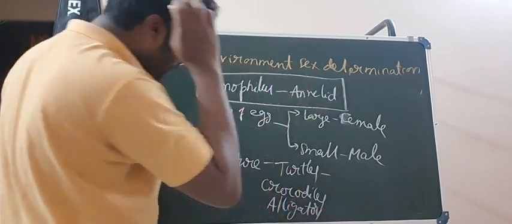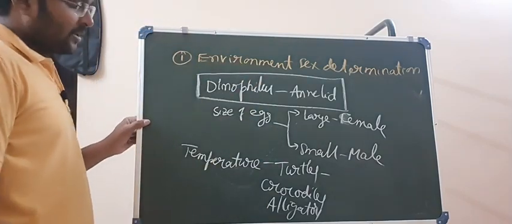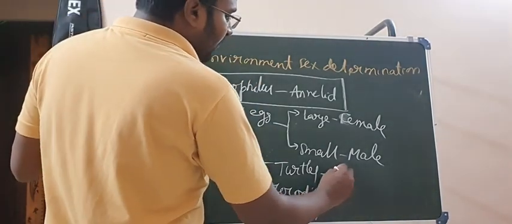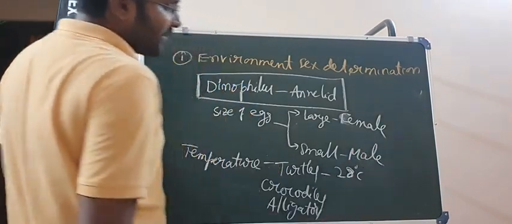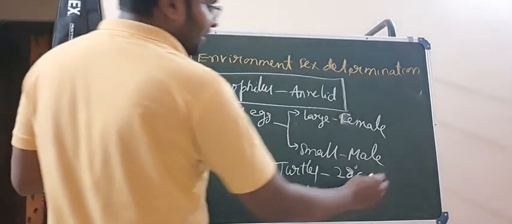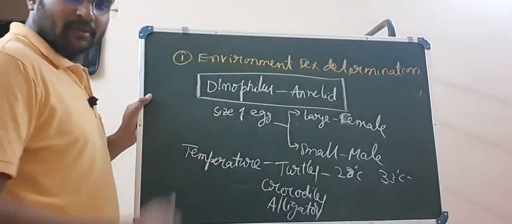So turtles, if you take those turtles which are below 28 degrees centigrade or roughly 28, they will develop into females. Above 33 degrees centigrade they will develop into males.